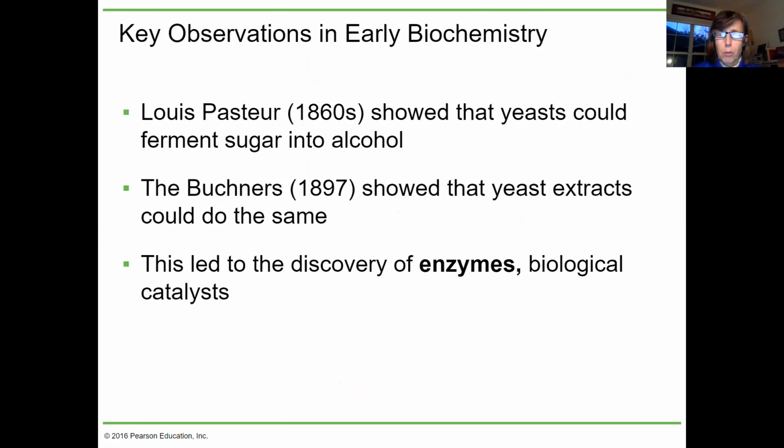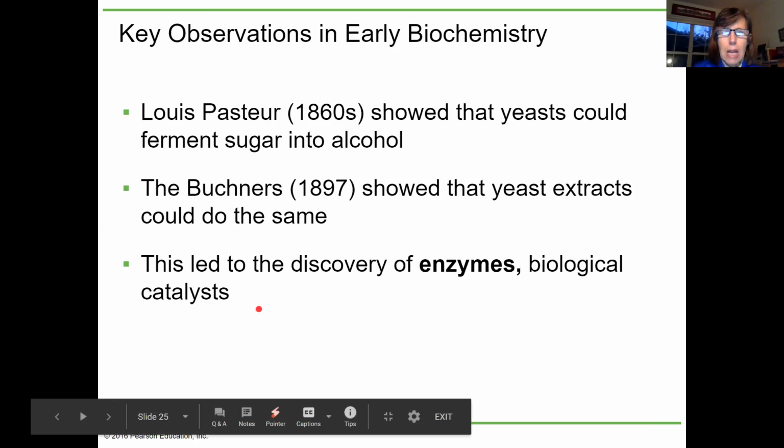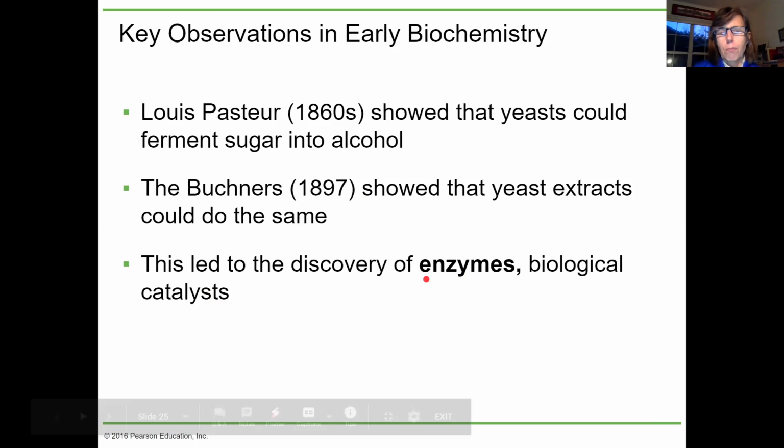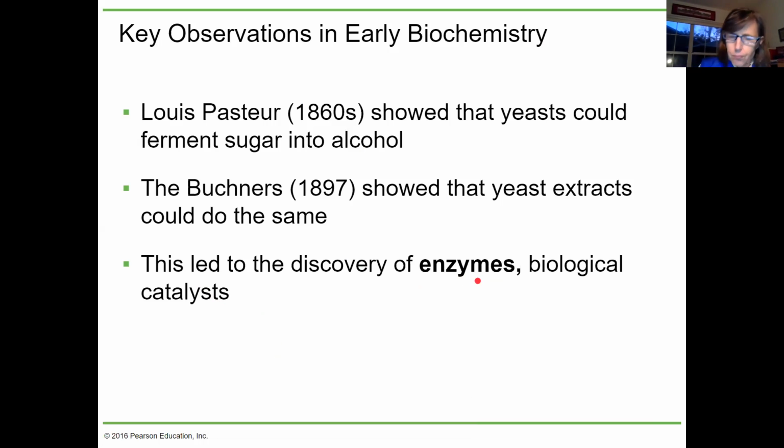They were able to show that yeast could make alcohol from sugar, and that just the extracts of a yeast could do the same thing. That was kind of novel: it wasn't magical properties of the cell, it was really the contents of the inside of the cell. And they discovered that these processes producing alcohol from sugar were a result of enzymes.